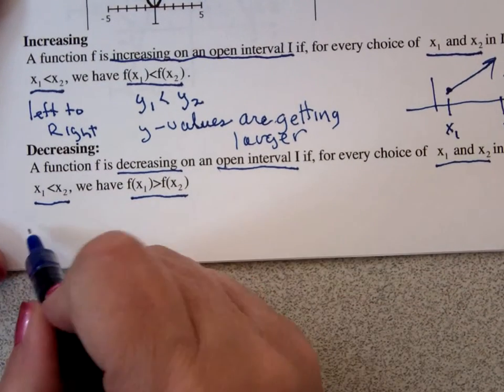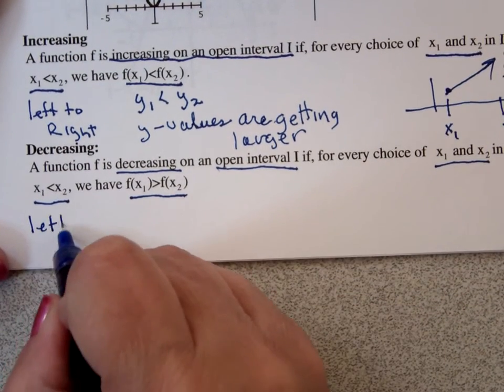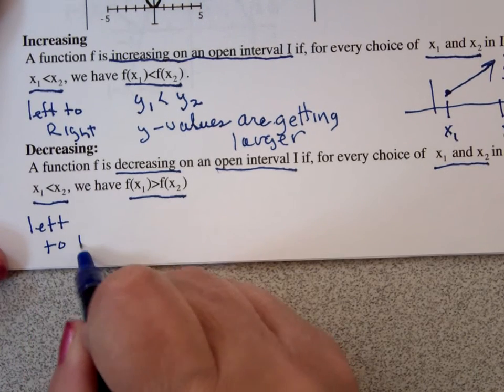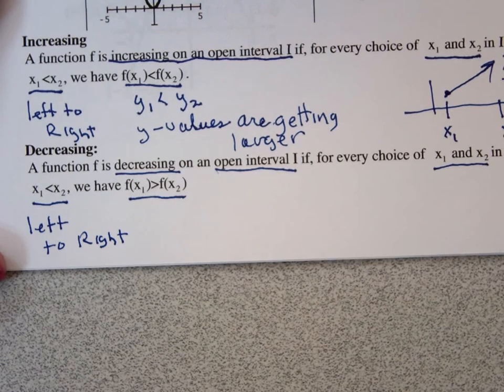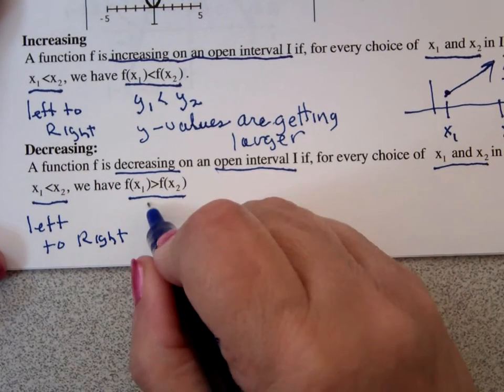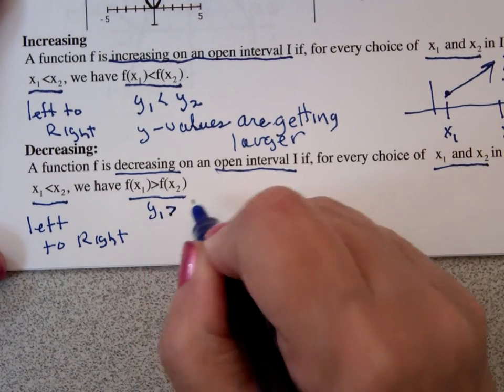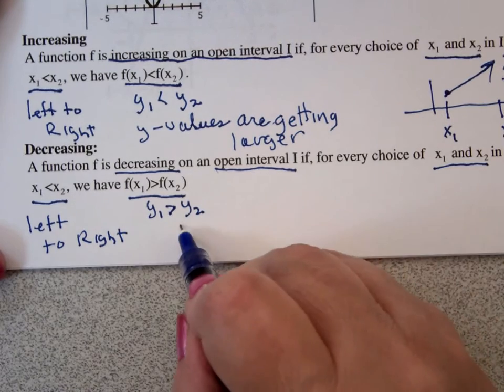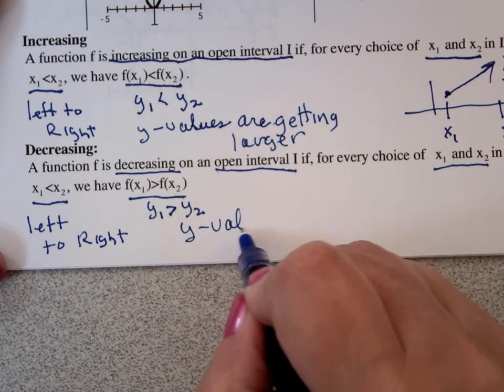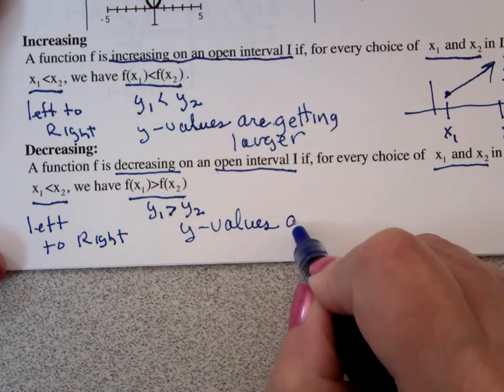This again is saying left to right. This says y1 is bigger than y2. Now that means the y values are getting what?